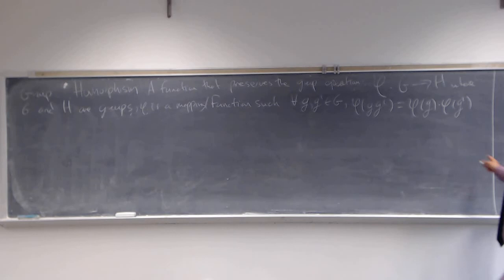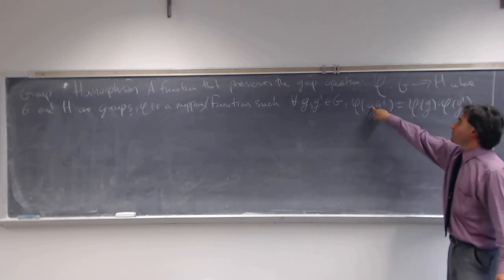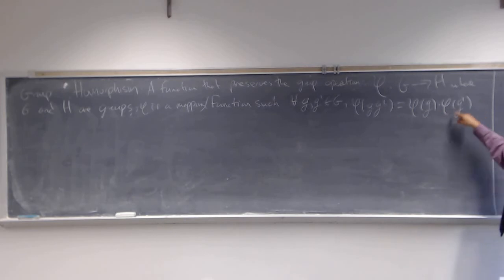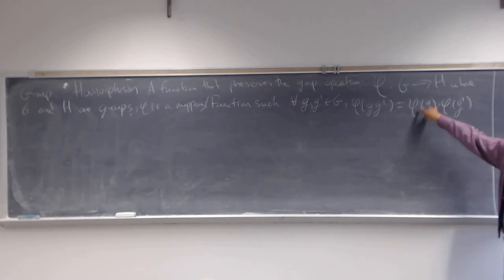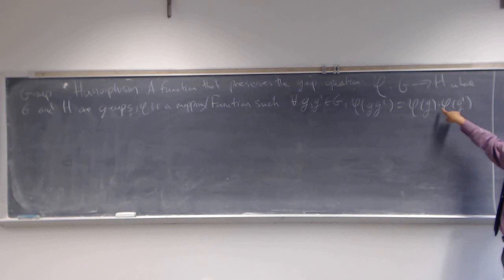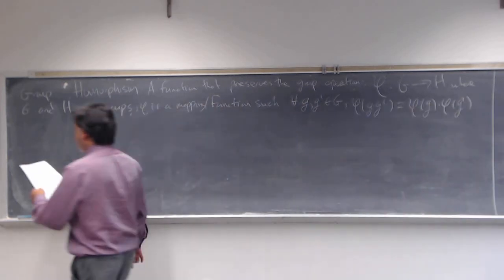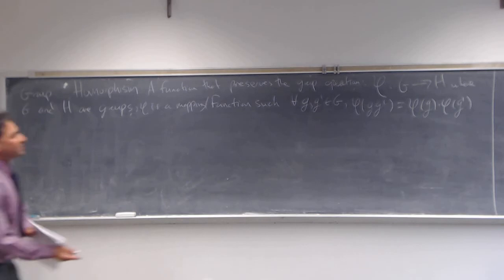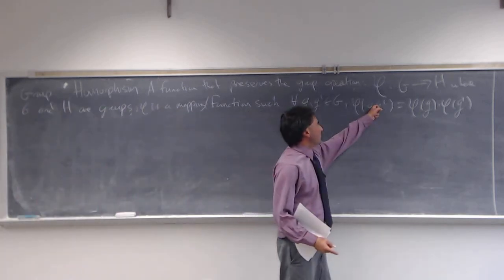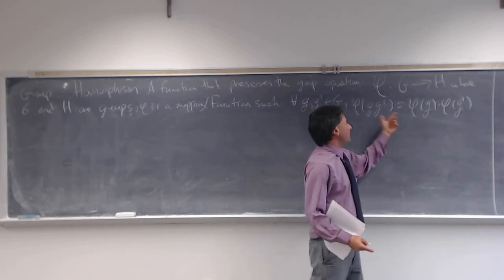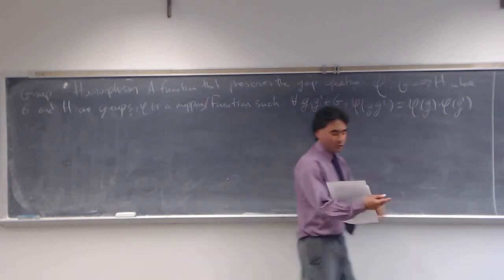This multiplication here is multiplication within G of group elements. phi of g is in H and phi of g prime is in H, so this multiplication is multiplication in H. So even though the notation looks the same, on the left-hand side we have multiplication of two elements of G, and on the right-hand side we have multiplication of two elements of H.